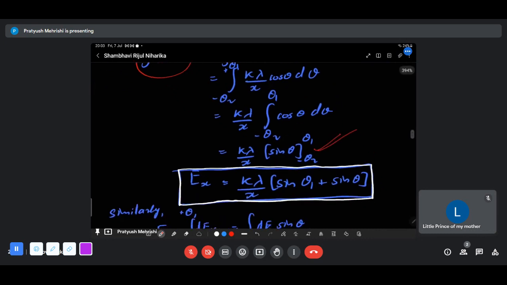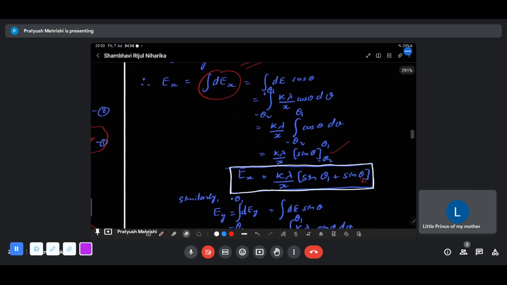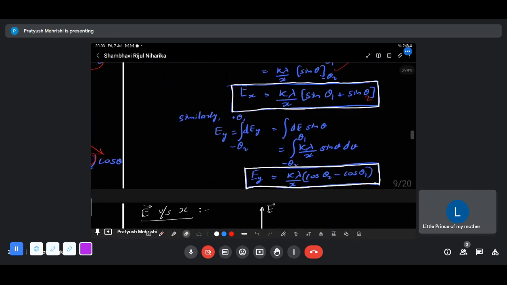So we are getting field in x direction as k lambda by x, sine theta 1 plus sine theta 2. Got it now? So got it, sir. Now similarly, for the y direction you need to integrate whatever field is there in the y direction.